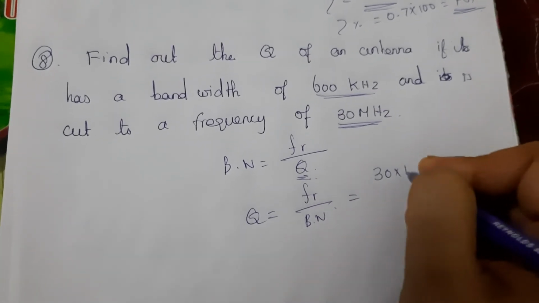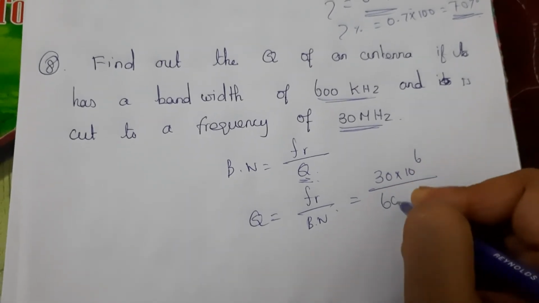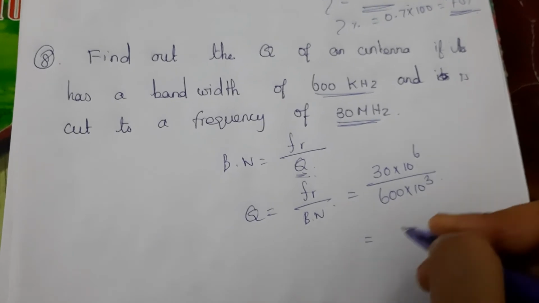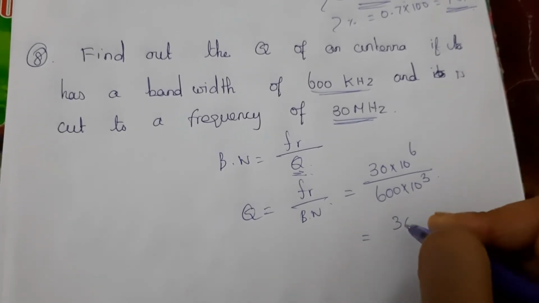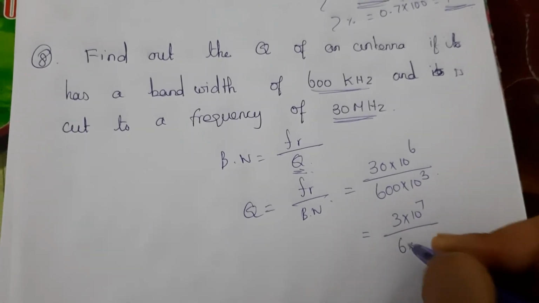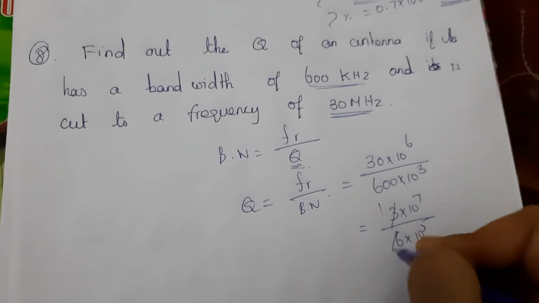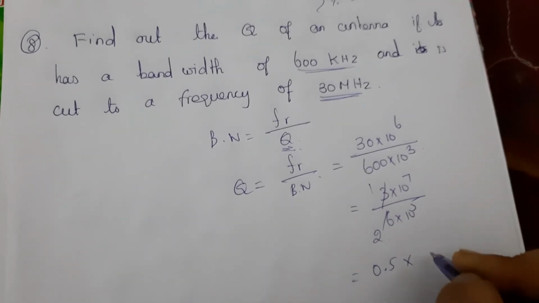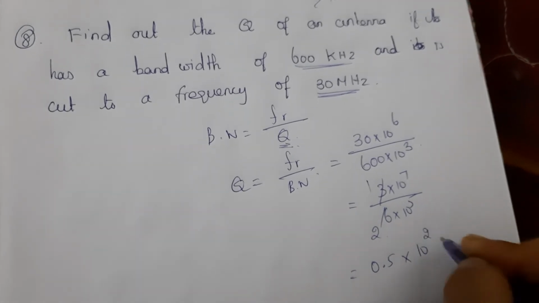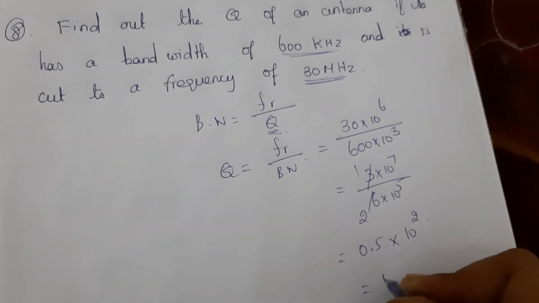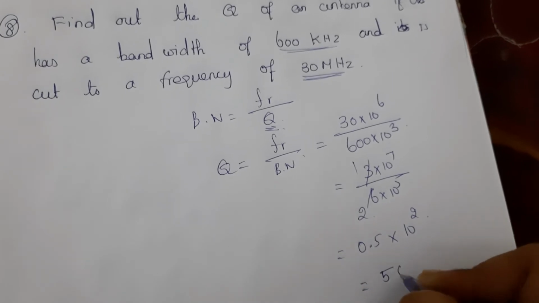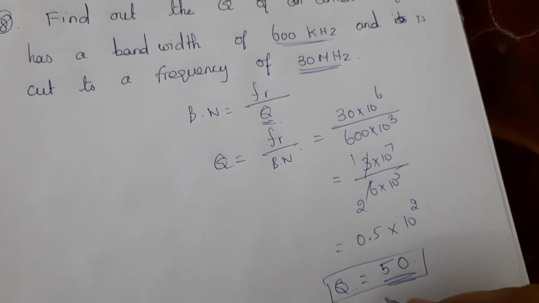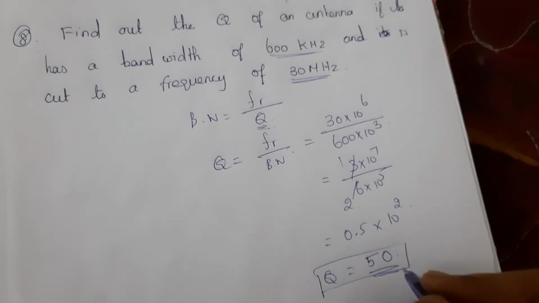So 30 into 10 to the power 6 divided by 600 into 10 to the power 3. So this can be written as 3 into 10 to the power 7 by 6 into 10 to the power 5, 1 by 2, that is 0.5 into 10 to the power 2, that is equal to 50. So the quality factor Q is equal to 50.